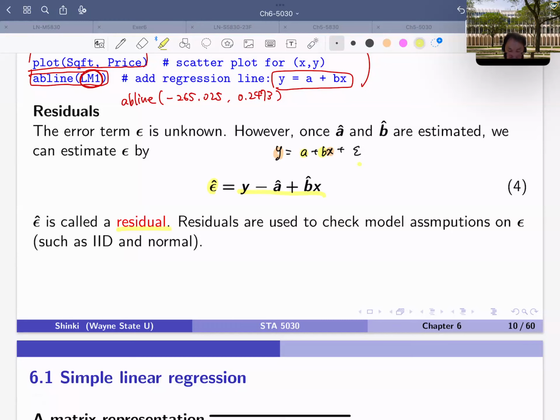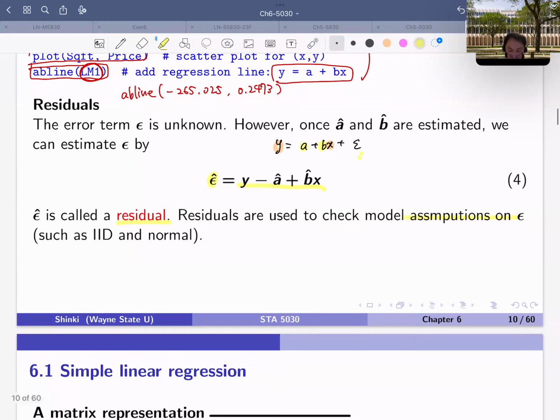Residuals are used to check model assumptions on epsilon. We often assume epsilon are IID normal(0, sigma squared), and we can check this IID assumption and normal assumption by using epsilon hat.